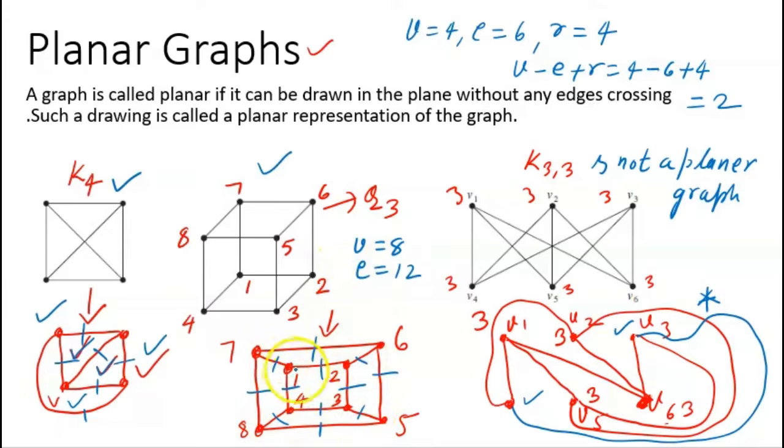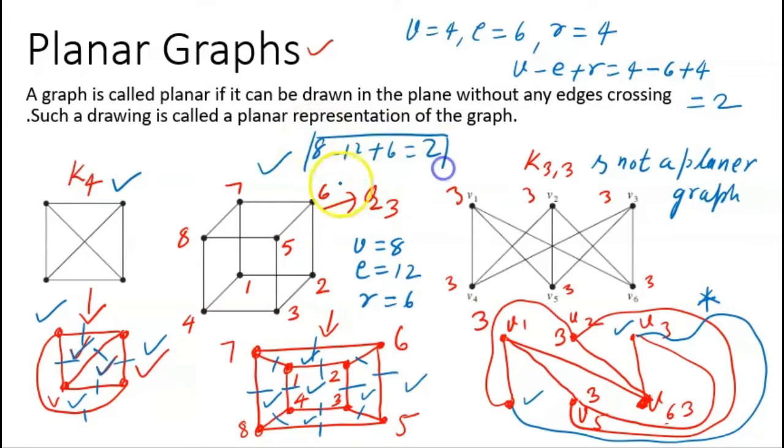And how many regions are there? Region 1, region 2, region 3, region 4, region 5, region 6. So regions are 6. So you can clearly see that V minus E plus R, that is 8 minus 12 plus 6, is equal to 2. So this result is true for any planar representation of a graph.